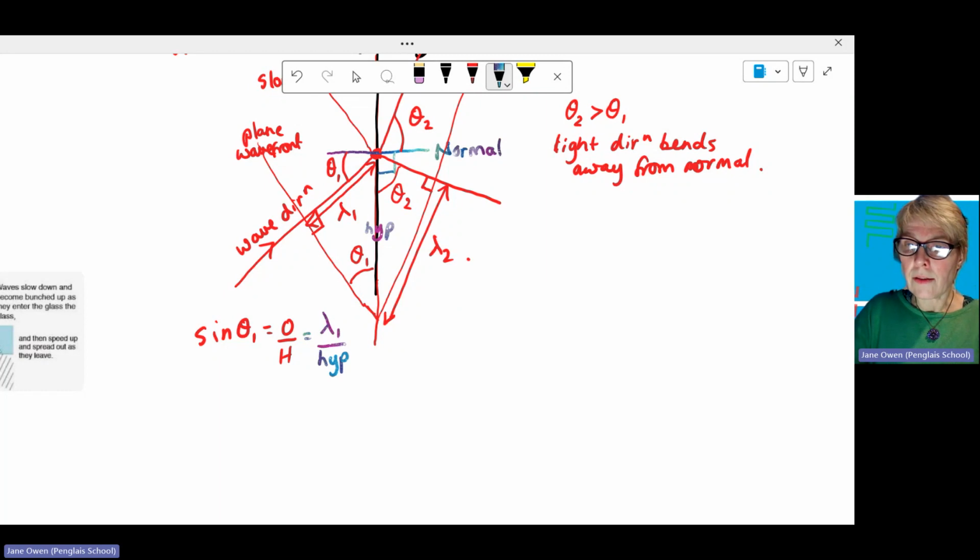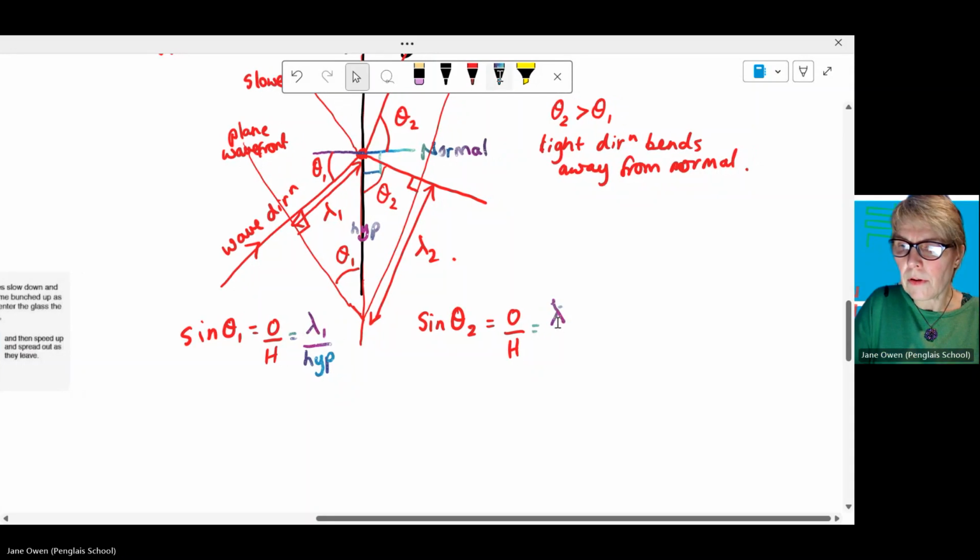On the other side, sine theta 2 equals opposite over hypotenuse, in this case where it's been refracted, lambda 2 over the hypotenuse.